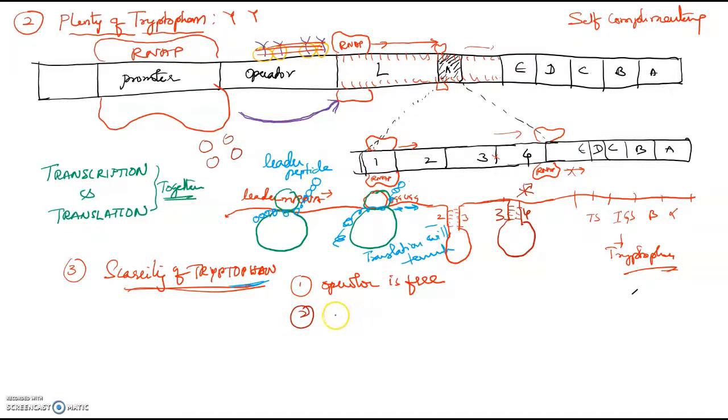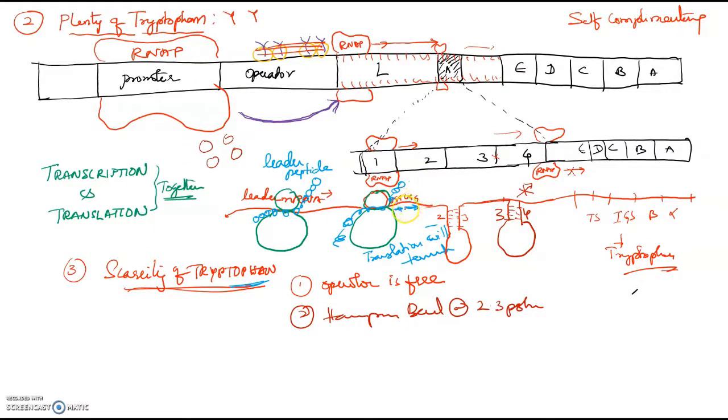Second is, it will form a hairpin bend at 2,3 position. Why? Because the ribosome is coming here, and because tryptophan is not there, this code reads for tryptophan.